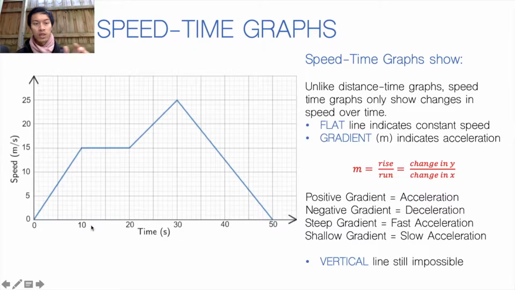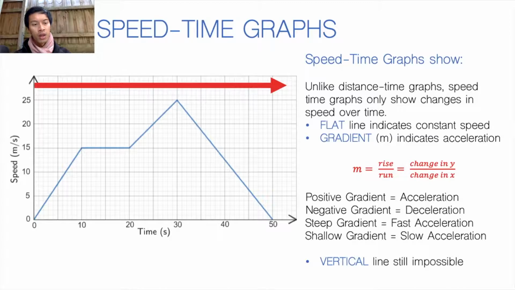Once again, you read the graph from left to right, and in this first section, for example, if we take the first 10 seconds, we can see that the car has gone from 0 speed, in other words, a stationary position, and it has risen to 15 meters per second over 10 seconds.